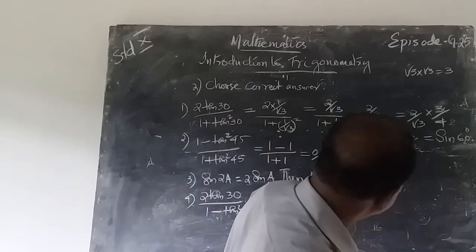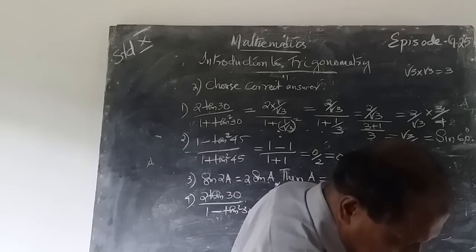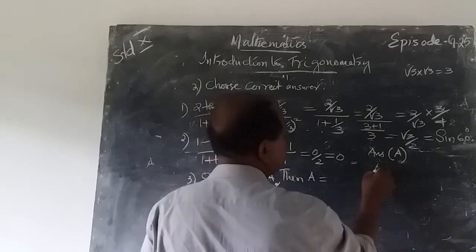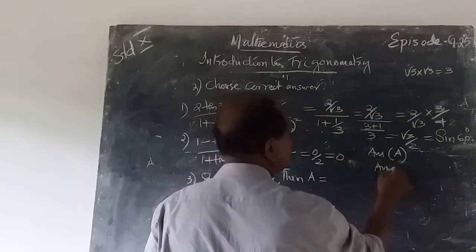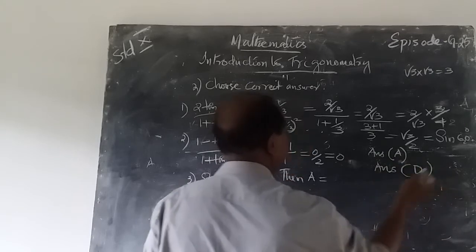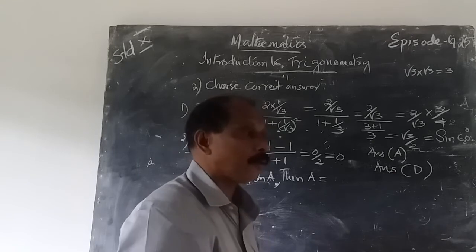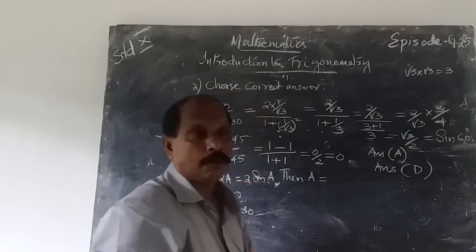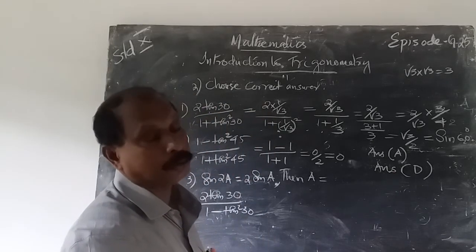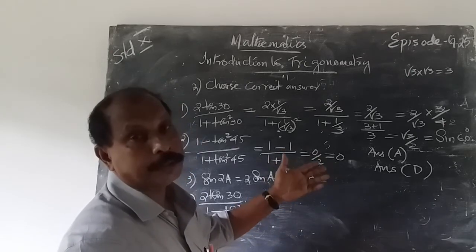The answer is 0. That is option D, because cos 90 is equal to 0. Therefore, the answer is always equal to cos 90.